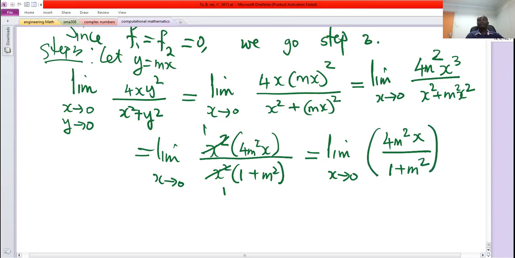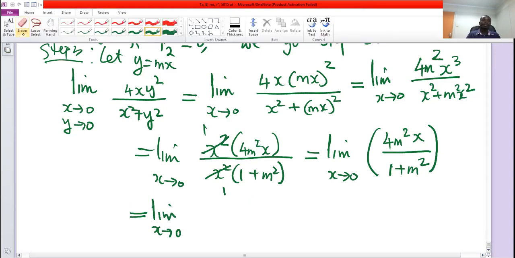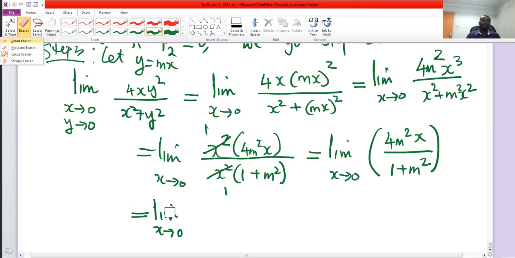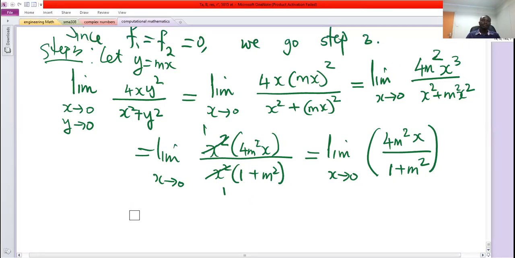I see this is just a function of a single variable, x. So direct substitution will help us to solve this one. There's no need of rewriting the limit. So by direct substitution, where there is x, we put 0.